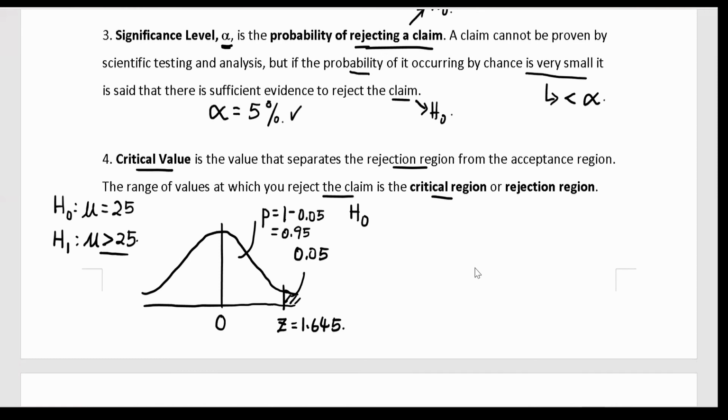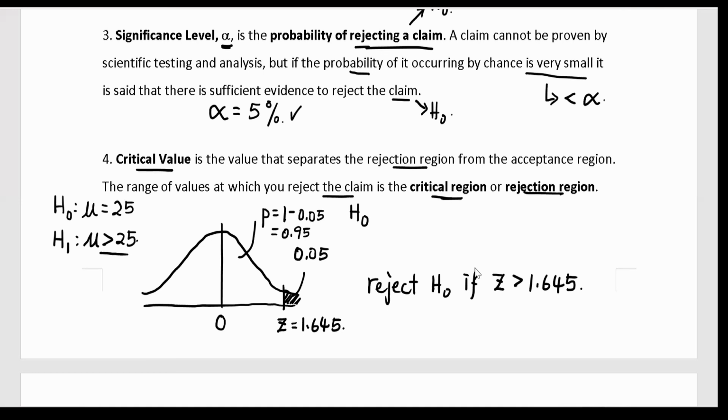So that means I am going to reject the H0 if the z-score value is greater than 1.645. The shaded region here is what we call the rejection region or critical region.